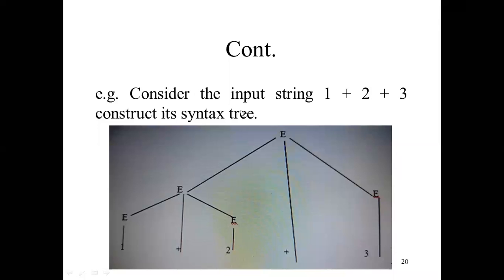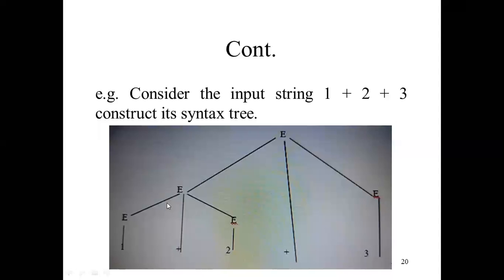Now consider the input string 1 plus 2 plus 3. Construct its syntax tree. You want to draw the syntax tree for this. Suppose we have E equal to 1 plus 2 plus 3. Again we break this expression into two expressions as per need, and again we divide this expression into another expression.